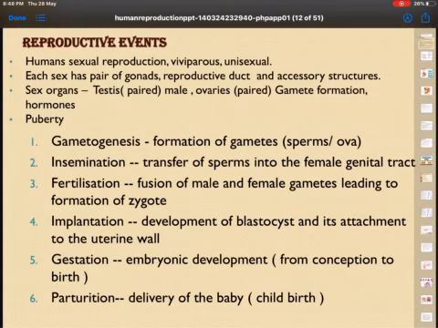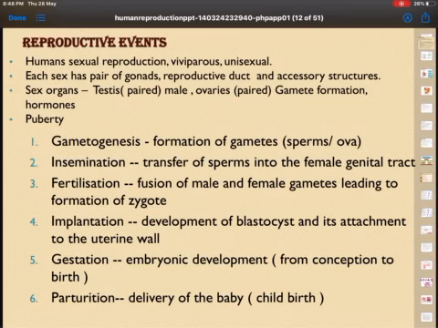Gamete formation takes place once the gonads undergo meiosis, and hormones play a greater role. Every male or female becomes biologically matured, and the stage at which this happens is called puberty. Normally in case of male it will be around 12 to 13 years, and in case of a female it will be as low as 10 to 11 years.